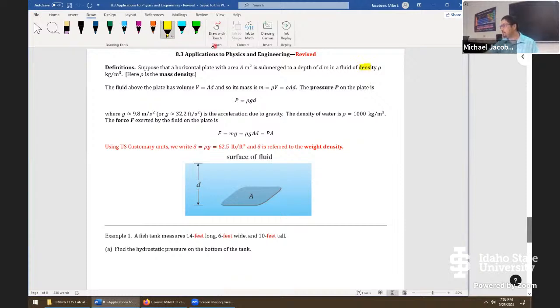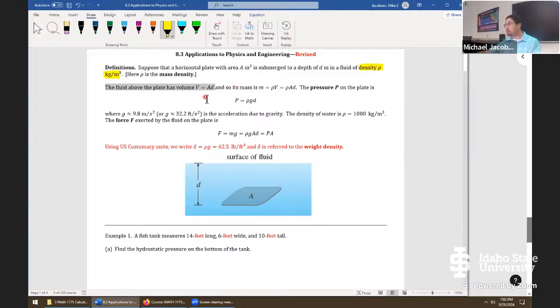Let's pick a color here. Now if we want to discuss what is the pressure on that plate due to the fluid, what we need is the volume, which is not so bad. We know the area of that plate. We know the distance. So think of a volume column of water is what the author explains on this.